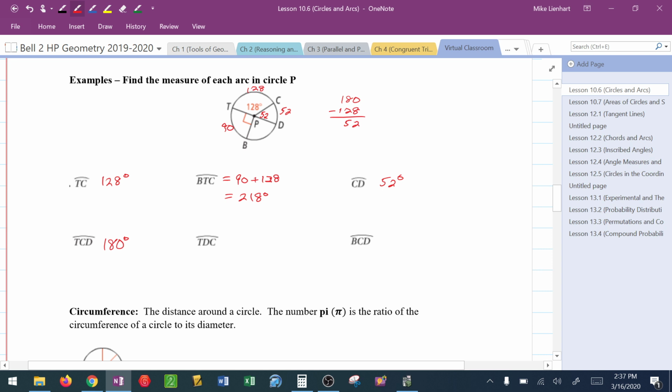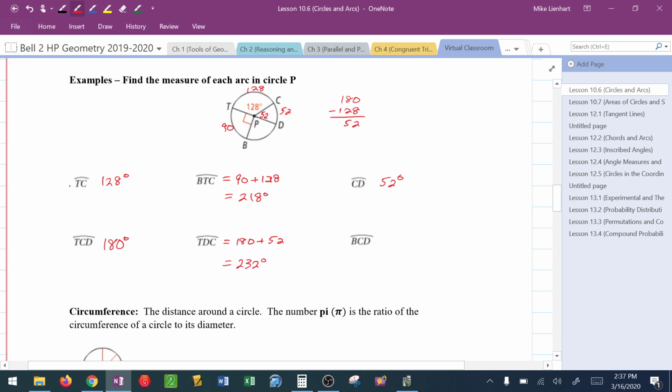They're using the same 3 letters, but they changed the order. TDC is actually made up of TD, 180 degrees, plus DC, which is 52 degrees, which would give me a major arc here of 232 degrees.